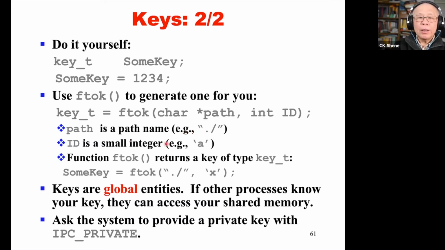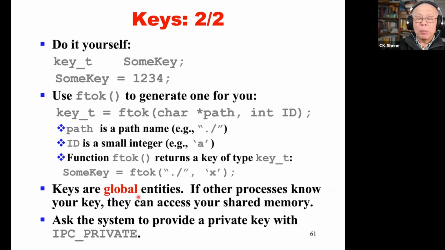The ID is a small integer. Usually we just use a character there. So here is an example. I use the current directory and the small integer, and ftok will return a key stored in here, some_key.